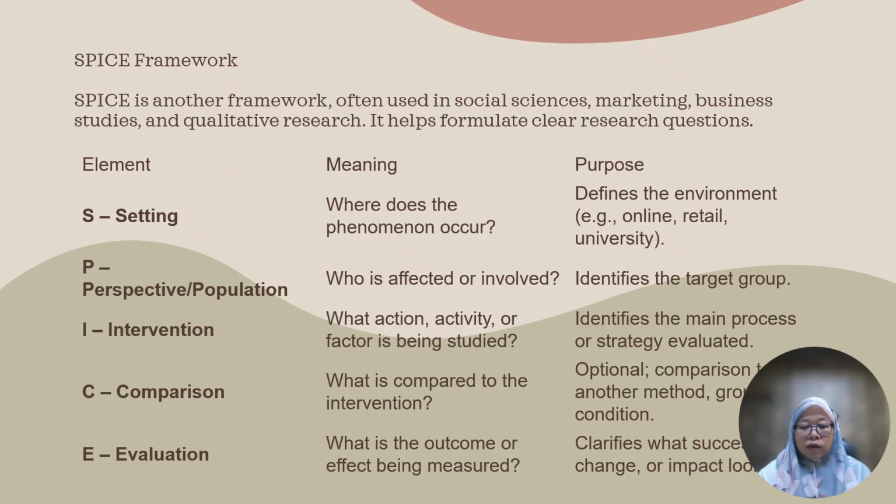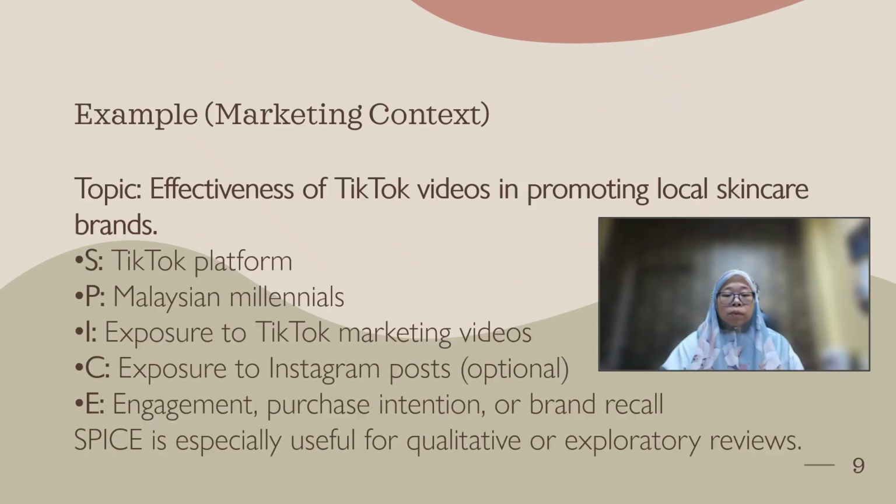P is the perspective or the population that you are focusing on. I is the intervention or the activities or the factors that are being studied. C is comparison. You might want to compare to the intervention. And lastly is the E, evaluation of the outcome or the effect that is being measured.